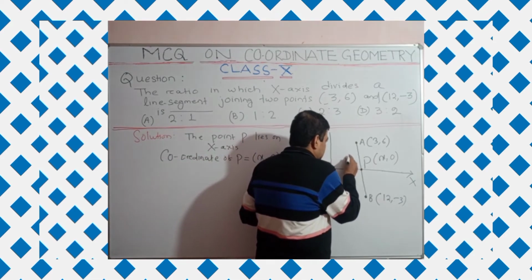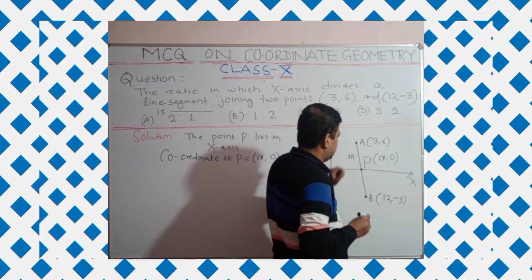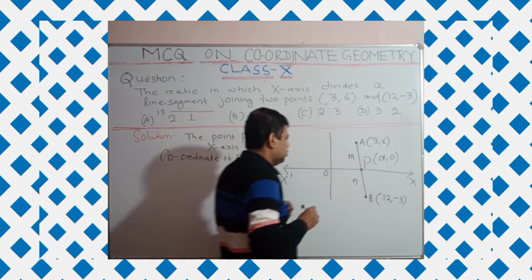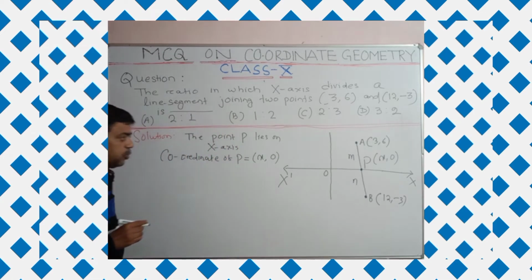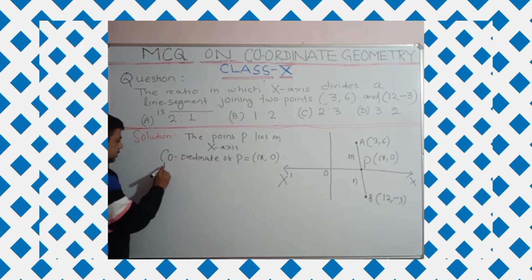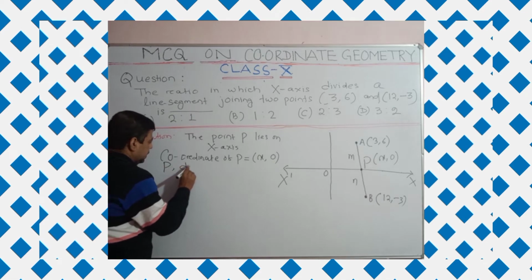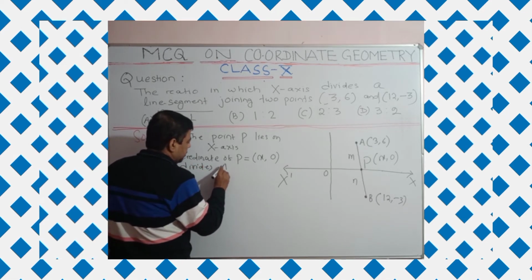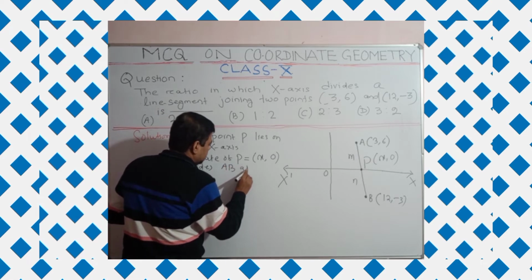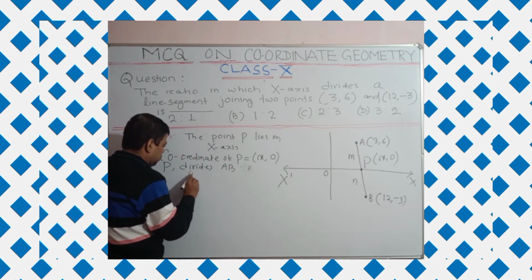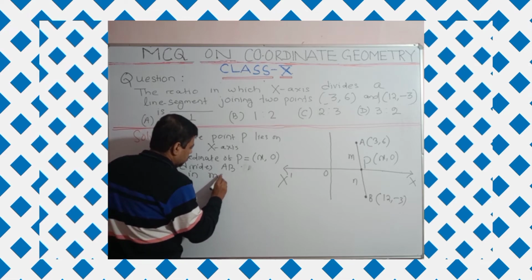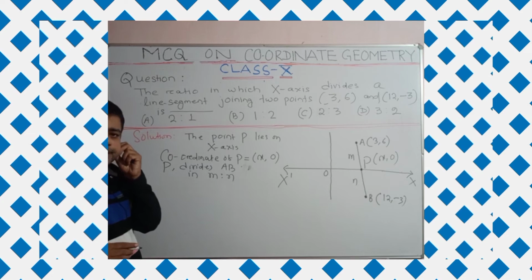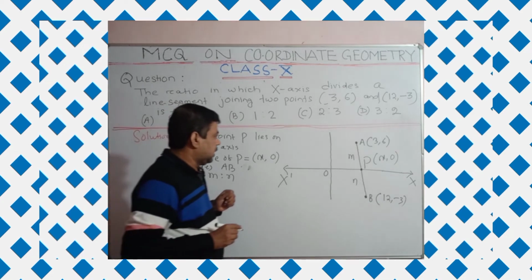Let the length of AP be M times and the length of BP be N times. So the point P divides the line segment AB in the ratio M is to N. Understand?